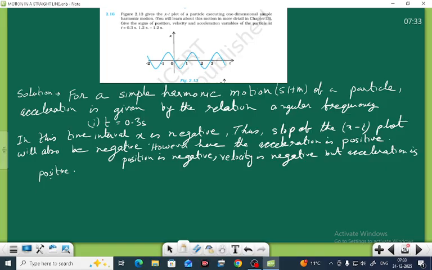Now I go to the second case, at time t equal to 1.2 second.